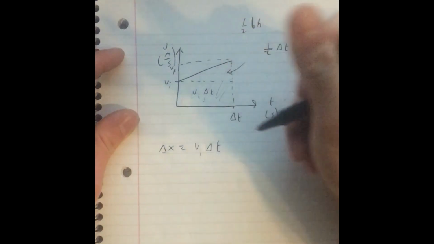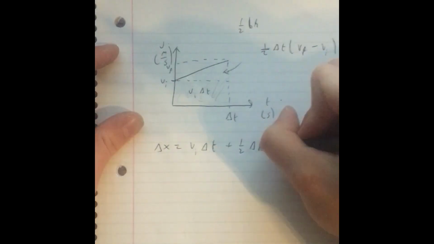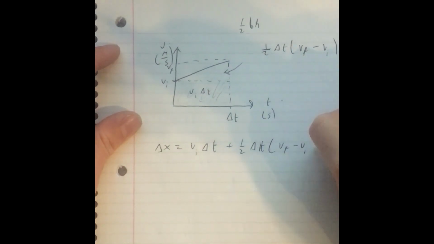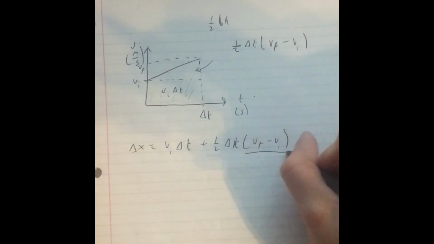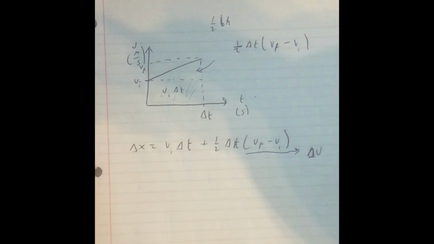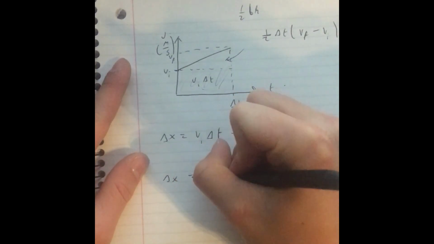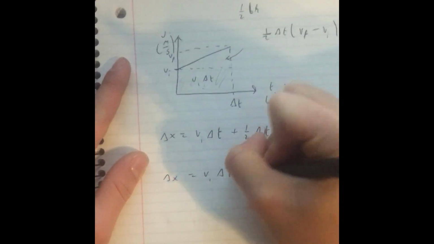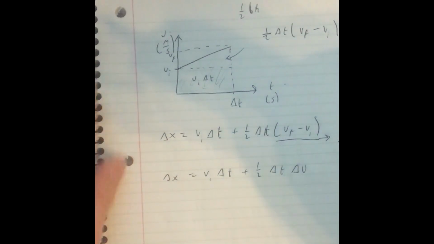So velocity initial times change in time plus 1/2 change in time, velocity final minus velocity initial. Okay, and now we can notice here, this is going to be change in velocity. So displacement equals velocity initial times change in time plus 1/2 change in time, change in velocity.